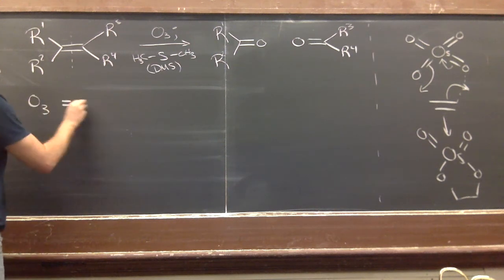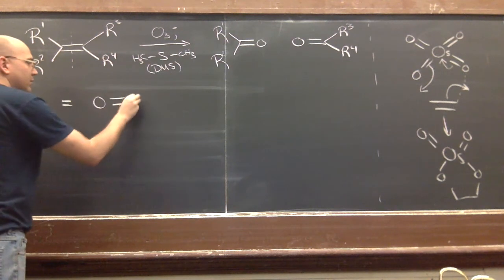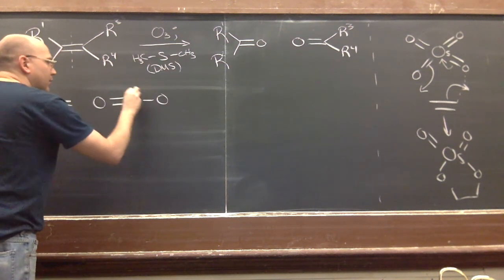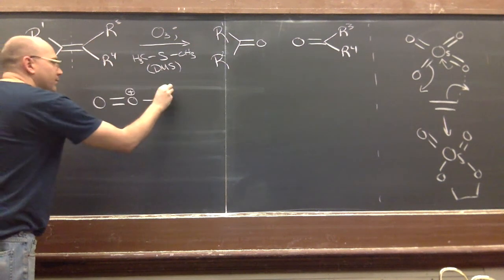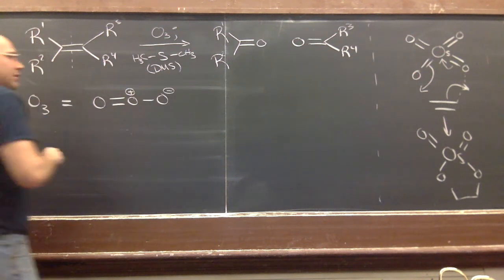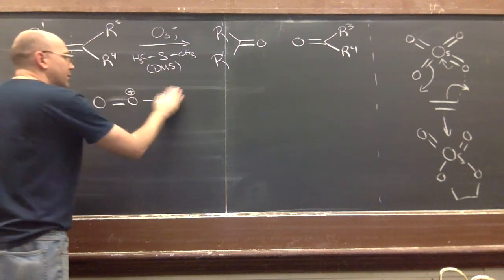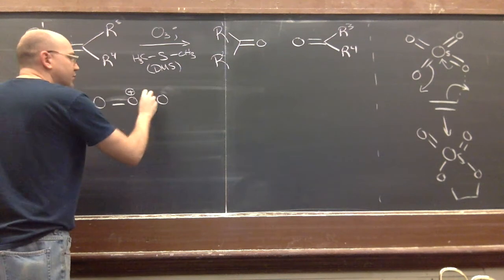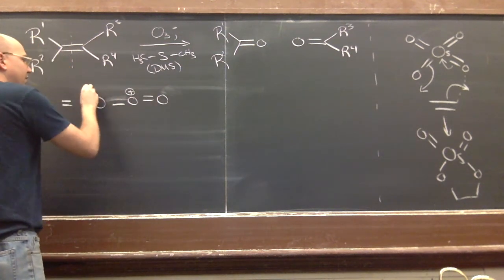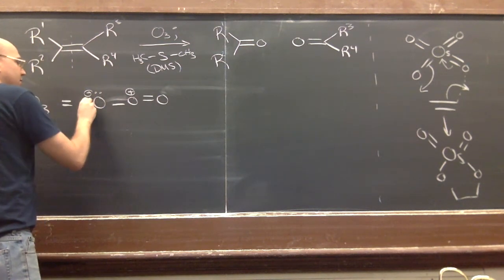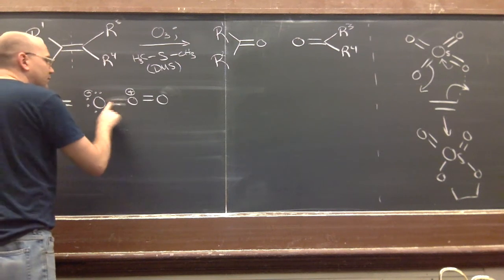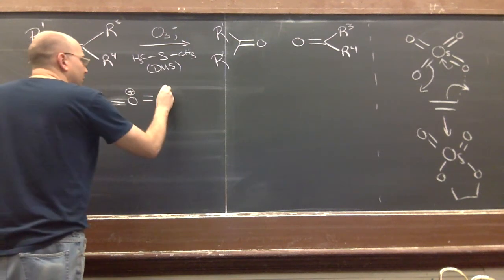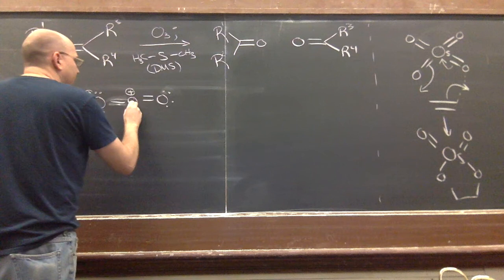So ozone, if you're actually to draw ozone out, ozone looks something like, I'm going to reverse this, you can do it either way, but I'm just going to draw it this way to keep consistent with what we showed over here. But this is ozone. Right, look at the extra set of lone pairs there.